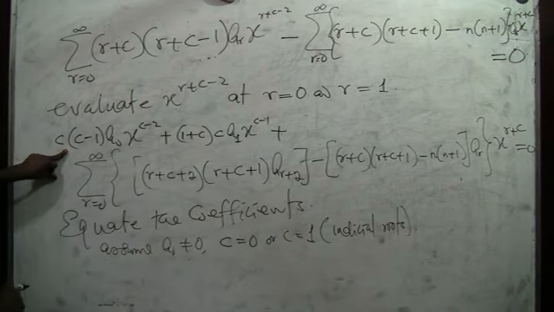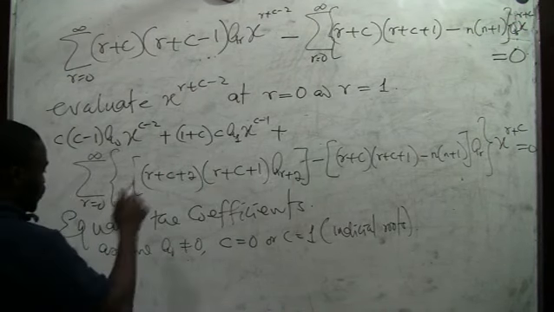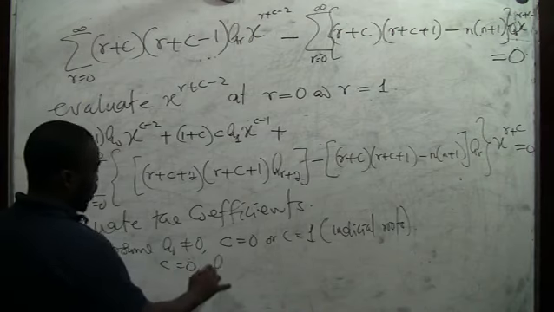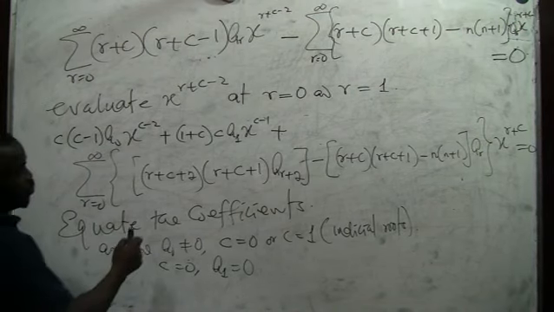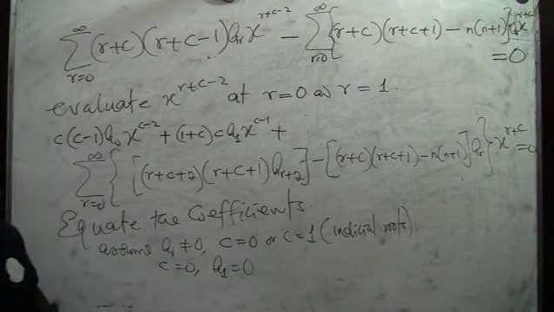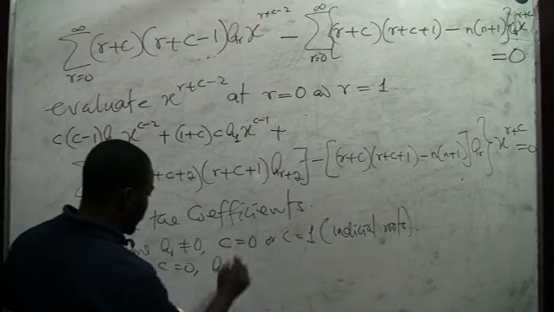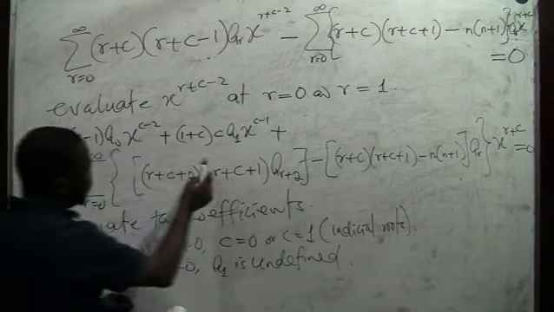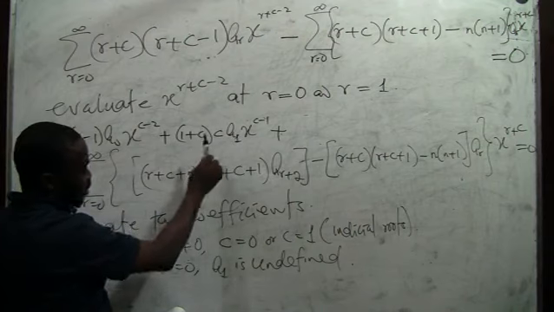Let us take the case of c equals 0. If you substitute c equals 0 here, a1 is undefined, because this particular spot will have become 1, this is going to be 0, and 0 multiplied by everything here is automatically 0.